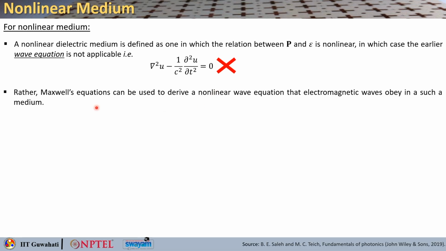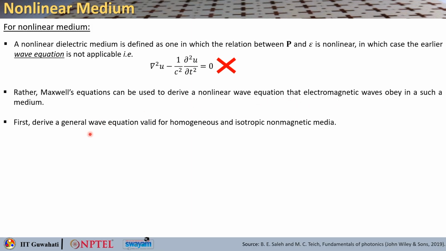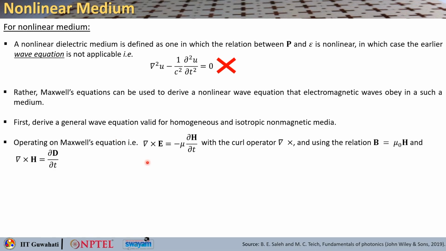Rather, you need to take Maxwell's equations to derive a nonlinear wave equation that electromagnetic waves obey in such a medium. So, first we have to derive a general wave equation that is valid for a homogeneous and isotropic non-magnetic medium.